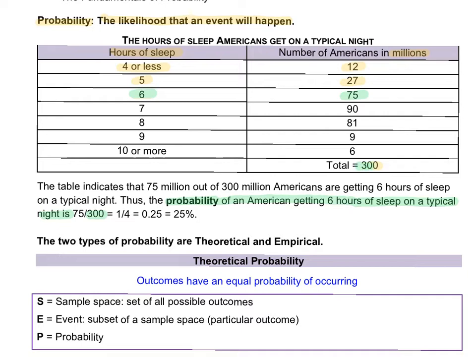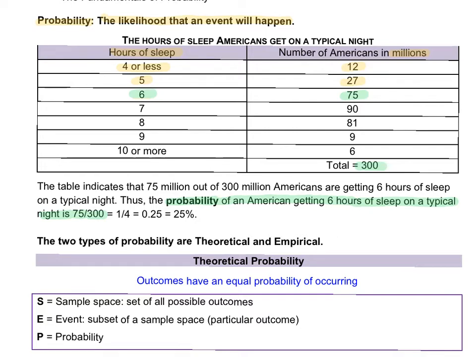So the total here is the 300. So out of those 300 million Americans, the numerator or the top is the particular event we're looking at. So the event we're looking at is 6 hours of sleep per night, which is 75. So 75 out of the 300 million get 6 hours of sleep per night.